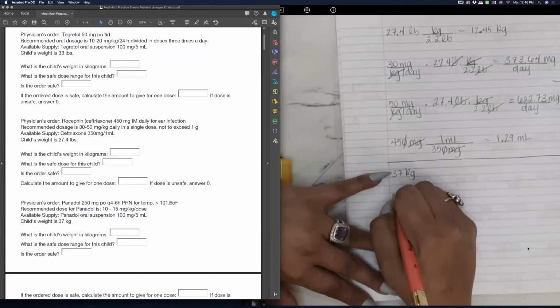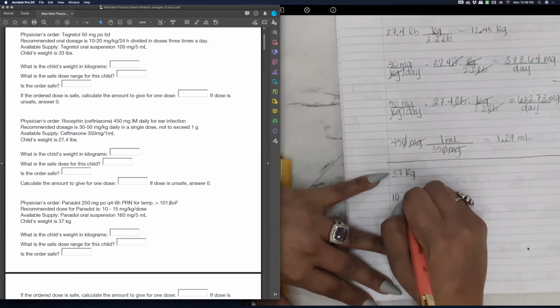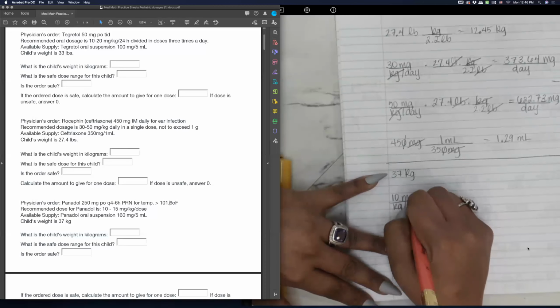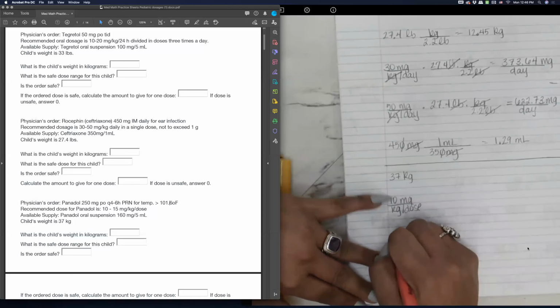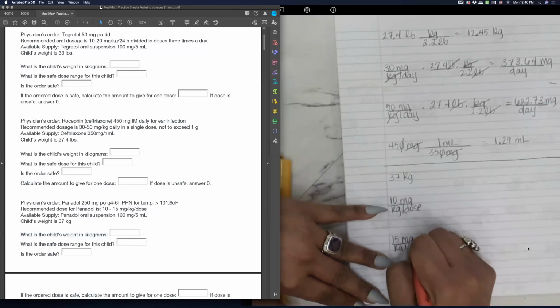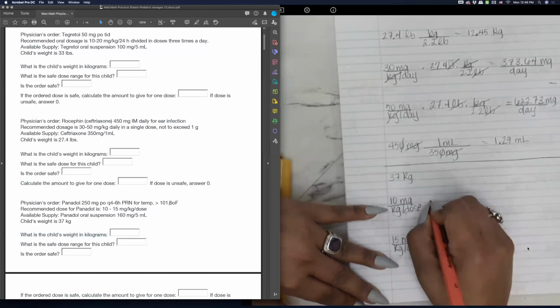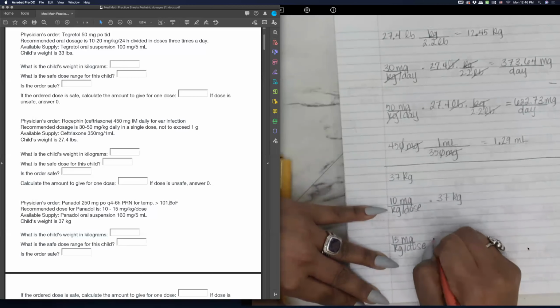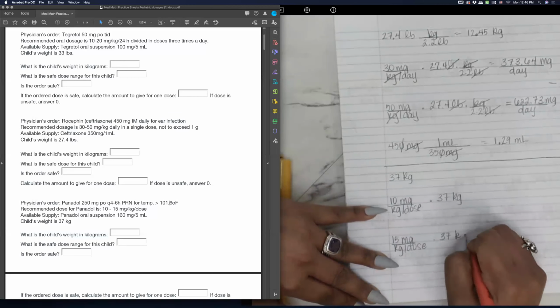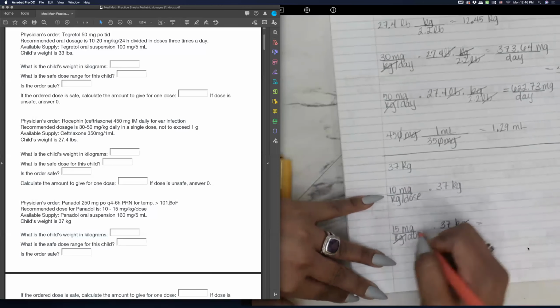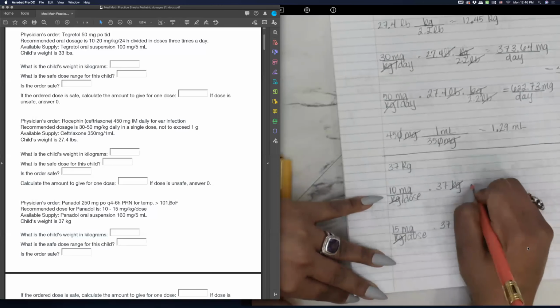So we set up our low and our high end of our range. So 10 milligrams per kilogram per dose. And the high end is 15 milligrams per kilogram per dose. All we need to do is go ahead and multiply by our mass in kilograms. Our unit of kilograms will cancel, and they'll cancel here as well.